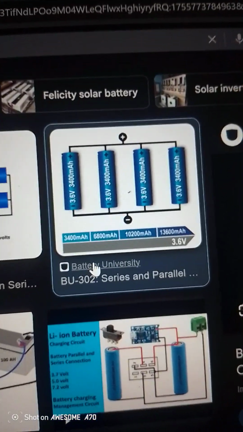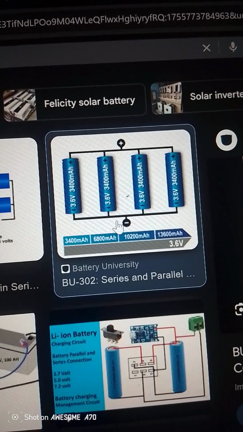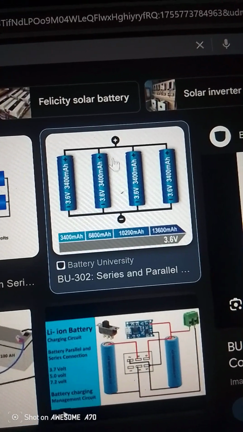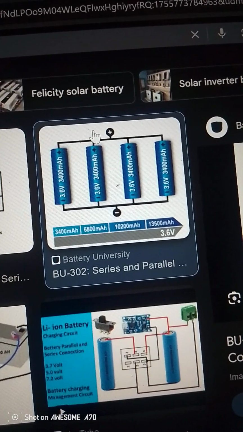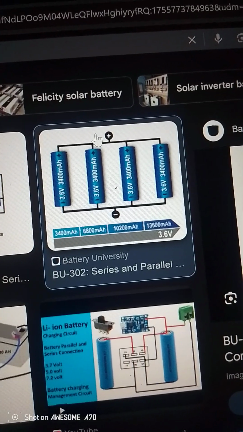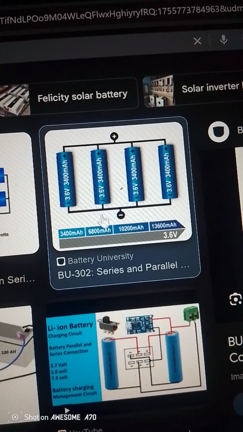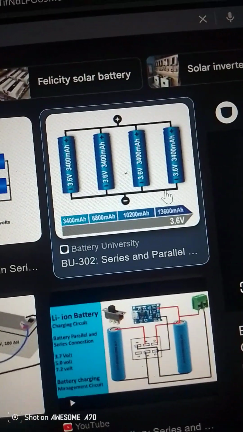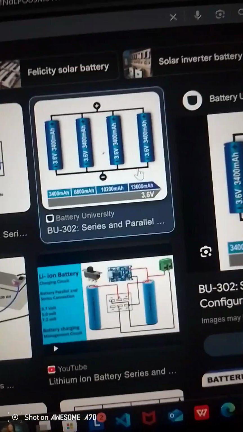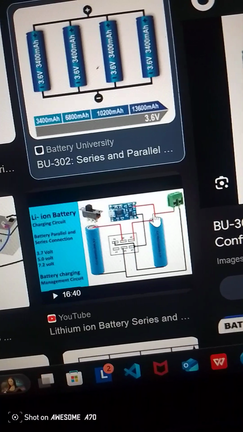Any battery has to do with positive and what? Negative. Most of the time, the positive wire is represented with red, and the negative wire with black. Thank you.